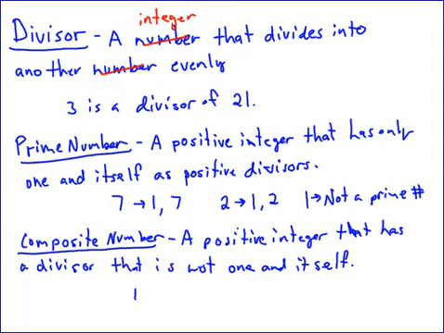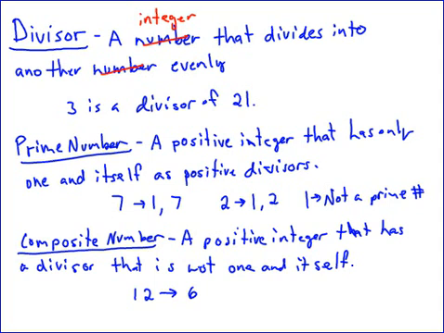So for instance, 12 is a composite number. The reason 12 is a composite number is because 6 divides into 12 2 times, or 2 divides into 12 6 times, or 3 divides into 12, or 4 divides into 12. Okay, there are lots of factors for 12.